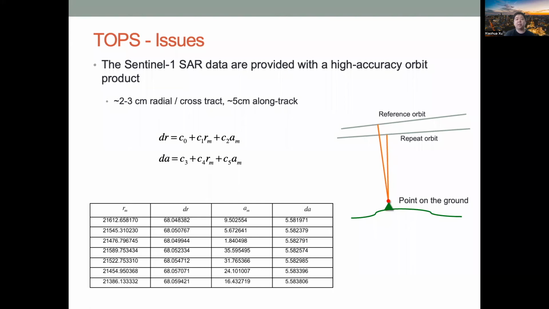Basically, you calculate the position of a given point on the ground in the radar coordinates for the reference orbit and also for the repeat orbit. Then there will be differences between them. And that difference is actually the offset between the two radar images. Then using that information, you can calculate how much shift you need to resample one of the images to match the other.